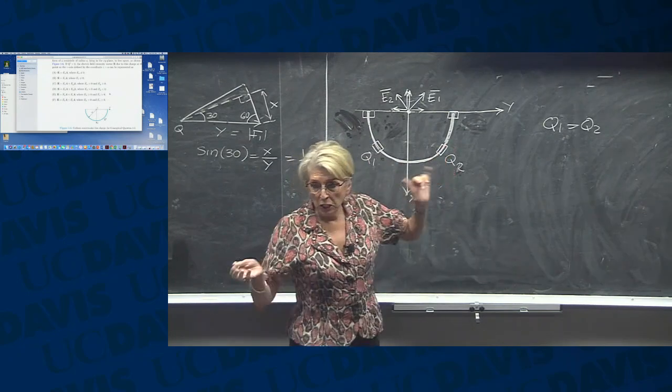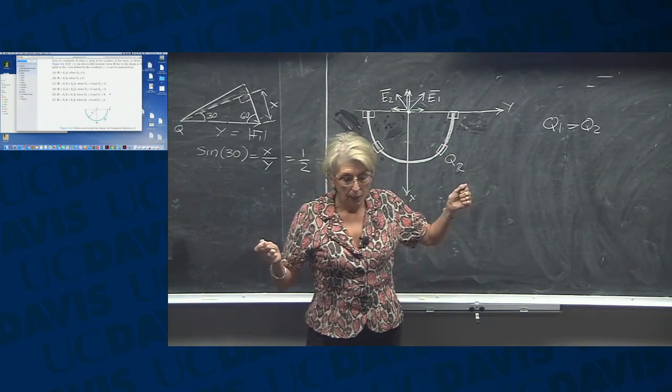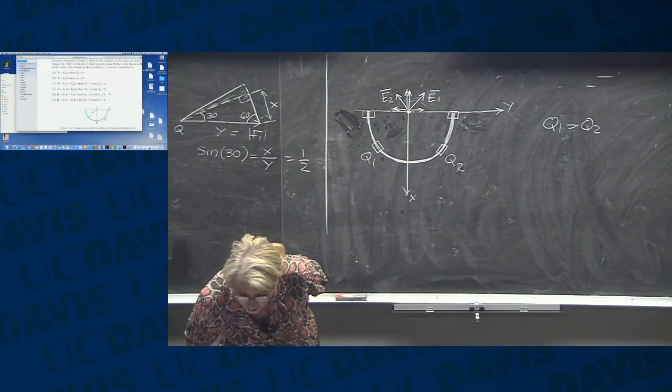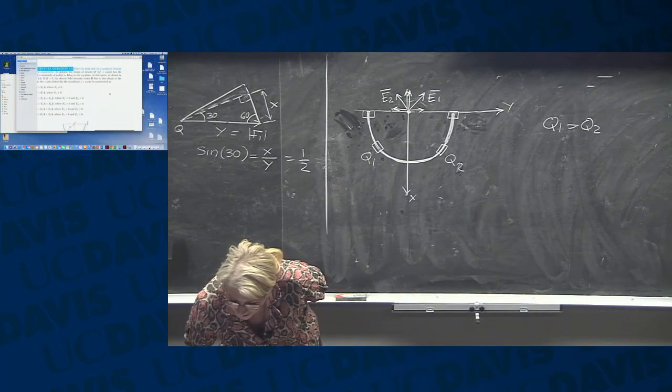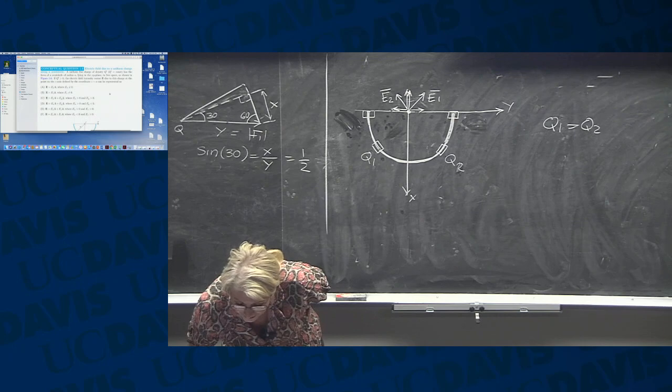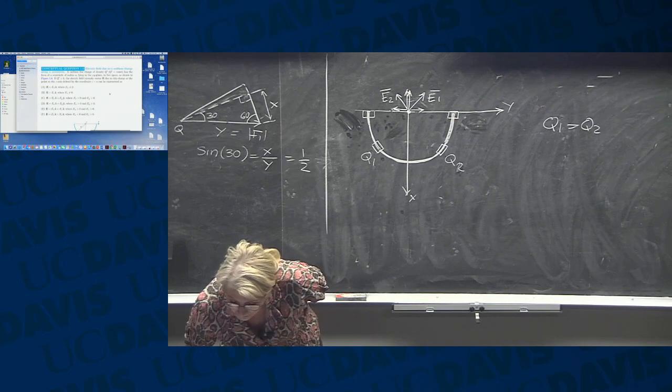This is a two-dimensional problem. All right. Okay. It has the form of a semicircle lying in the XY plane of space. Okay, charge point on the z-axis. Fine.